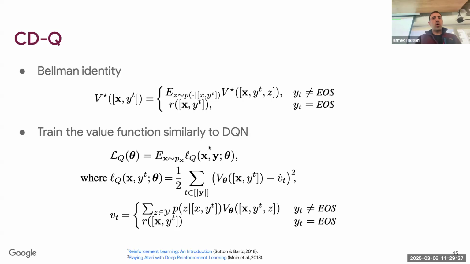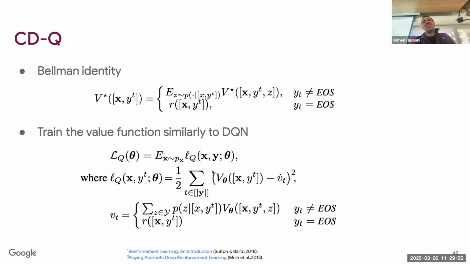If this was a tabular setting, where we didn't have any function approximation, we could look at all the x, y_t, z, like all of the states of our MDP. This is a contraction, and it does converge in this process, but with function approximation, we don't know whether or not it's going to converge.